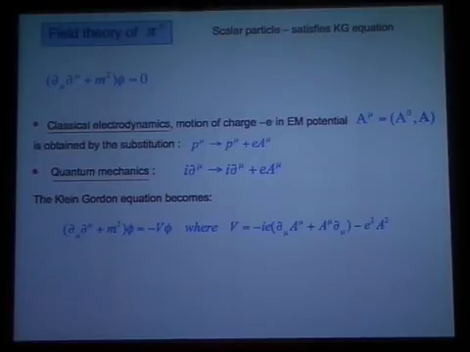Or you could take, in both of these ∂'s, the second part, and that gives you the e²A² term. So this now will tell you about the motion of a scalar field described by phi in an electromagnetic potential described by this 4-vector A^μ.